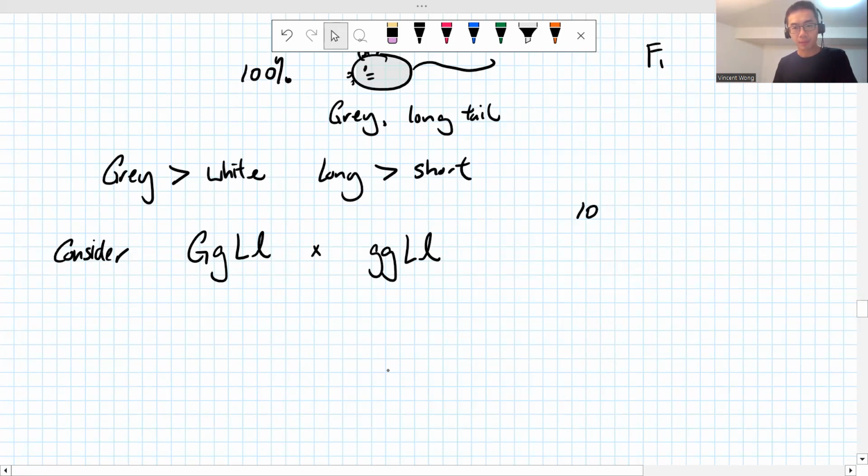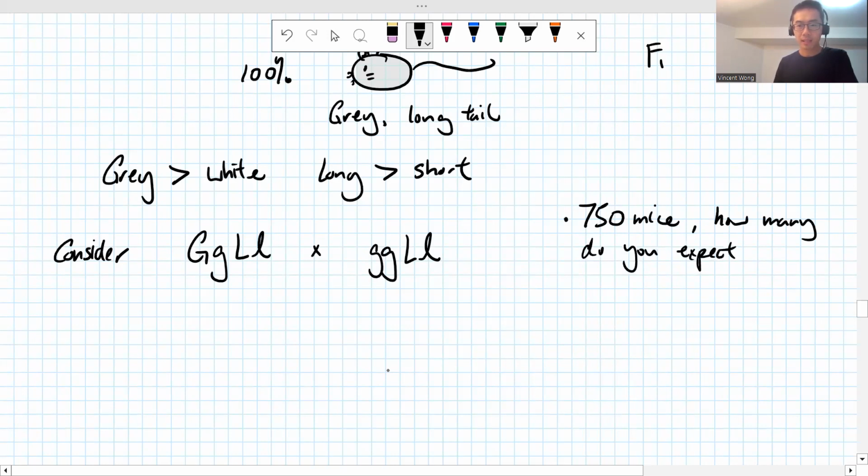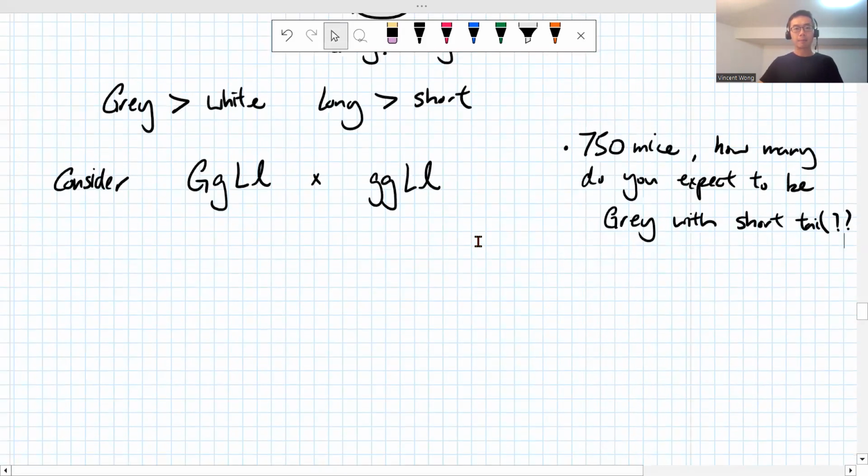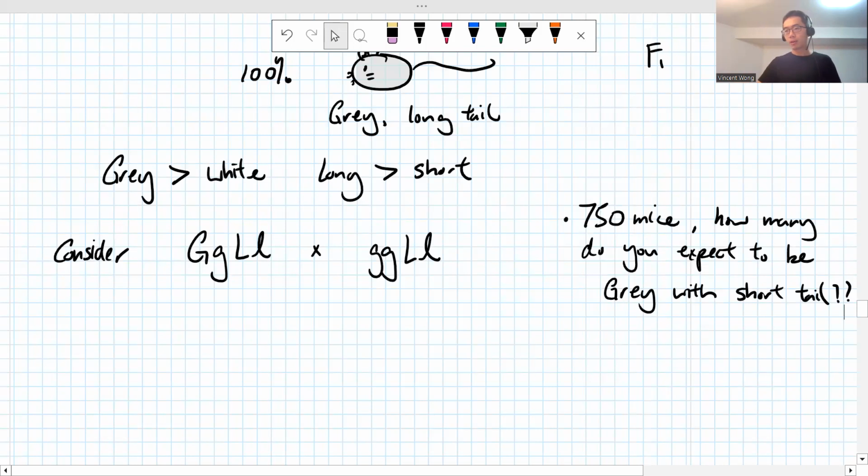That's too easy. Let's do 750 mice. How many do you expect to be gray with short tail? So this is very similar to what you did on the quiz. I hope you remember. So go ahead, try it out.